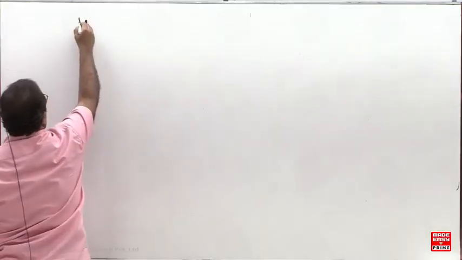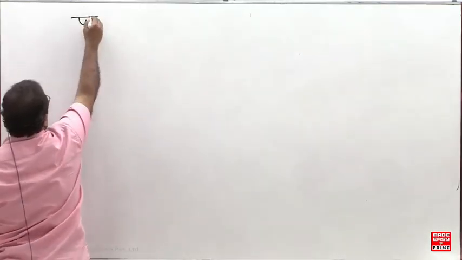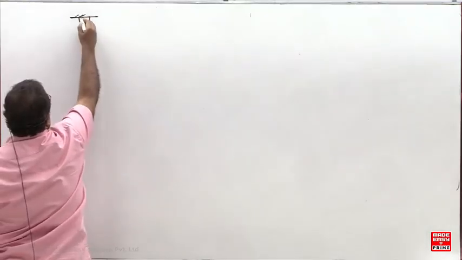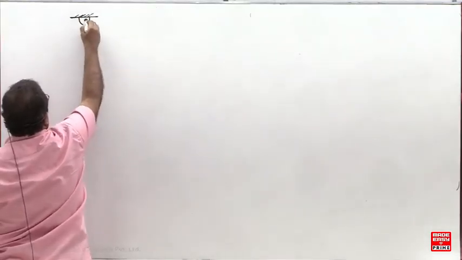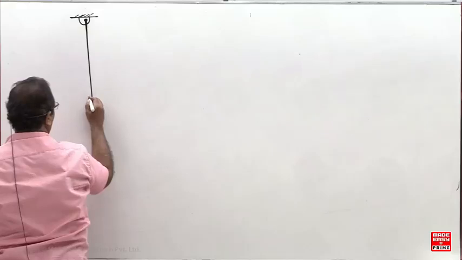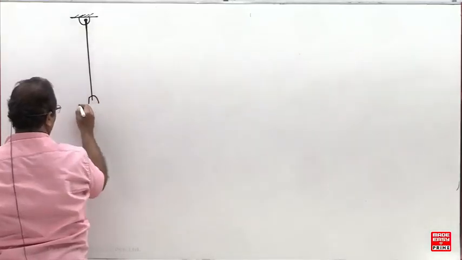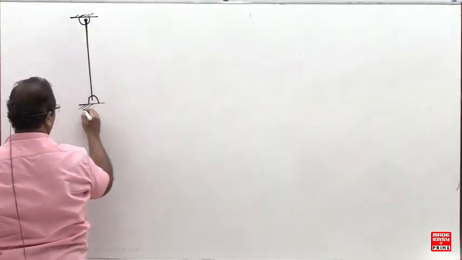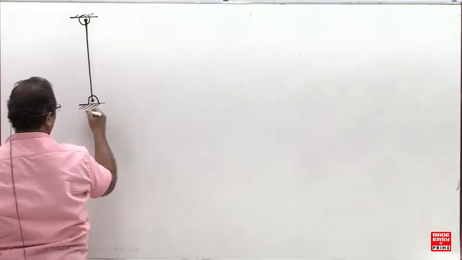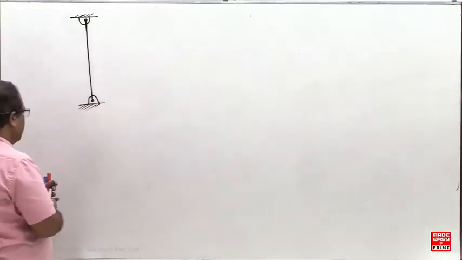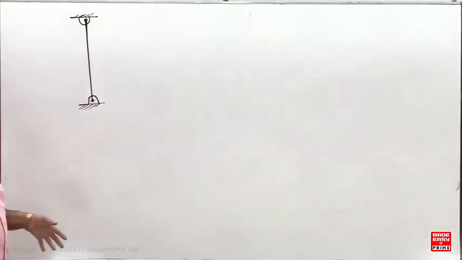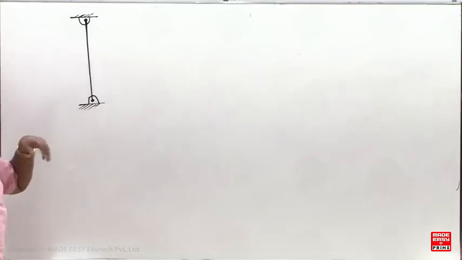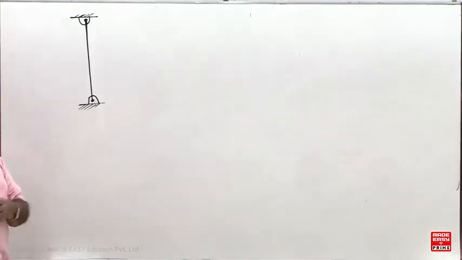This is a workbook question, from one of the civil service papers. Generally a vertical member means a column. A column is hinged at both the ends.